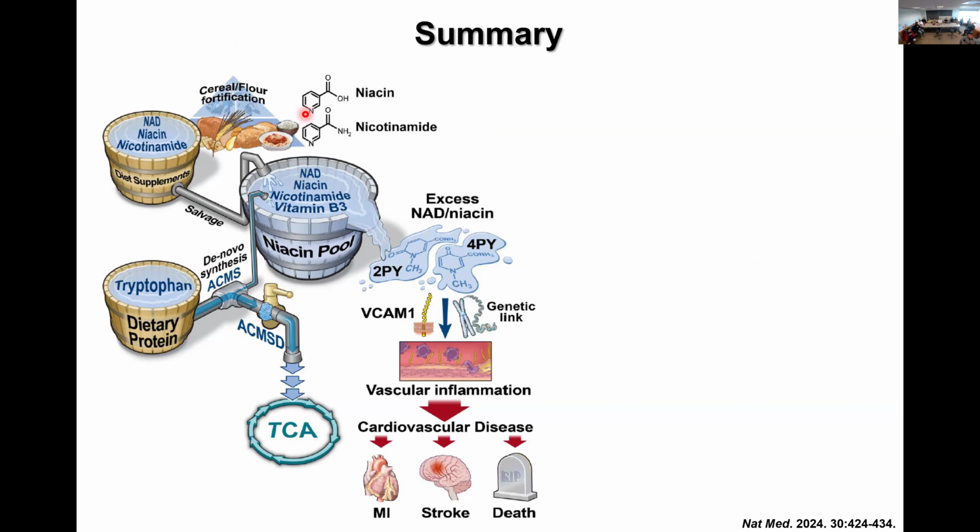Then you're going to get dietary influx of the nicotinamide precursors, niacin and things like that. And so now your nicotinamide pool is full of all this stuff. And then that could flush more of the 2-PY and 4-PY out. And then that could be associated with increased risk of MI, stroke, and death.